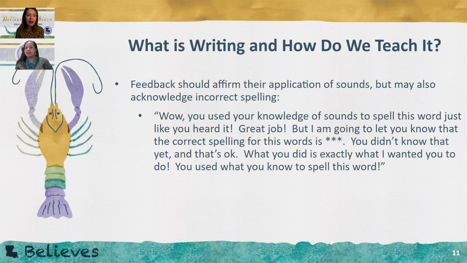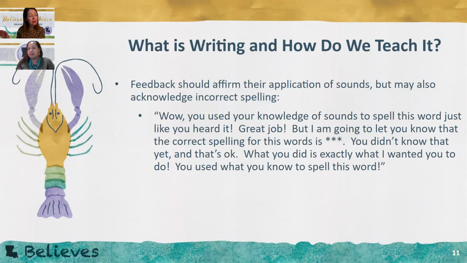So something that I might have said to one of my students was, wow, you used your knowledge of sounds to spell this word just like you heard it. Great job. But I'm going to let you know that the correct spelling for this word is blank. You didn't know that yet, and that's okay. But what you did is exactly what I wanted you to do. You used what you know to spell this word, right?